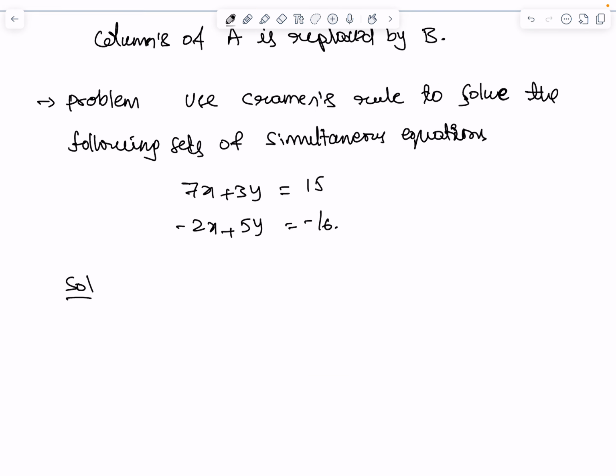Use Cramer's rule to solve the following set of simultaneous equations.